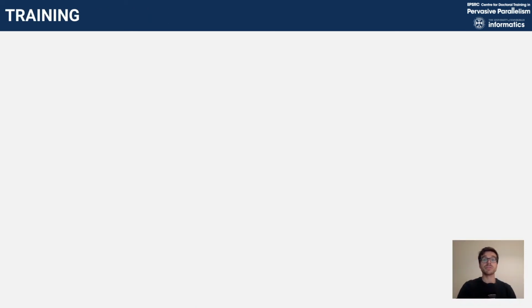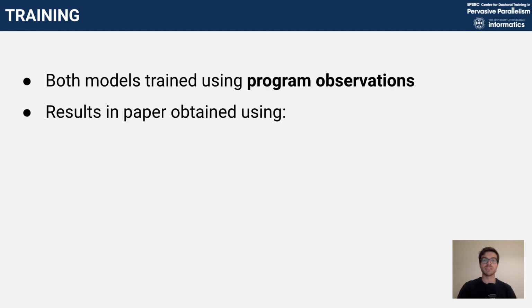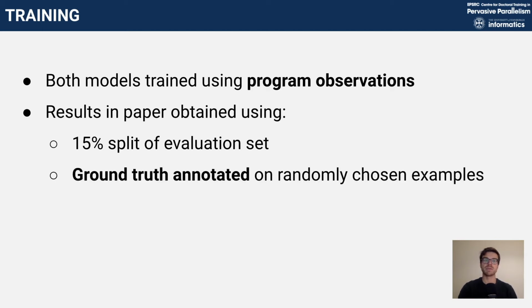These models were chosen for Preston because they're easy to train, and we do so using observations of correctly synthesized programs. To obtain the results in the paper, we used a 15% split of our evaluation set of programs, which I'll discuss later, determined randomly and annotated by hand with the ground truth fragment compositions that were used.